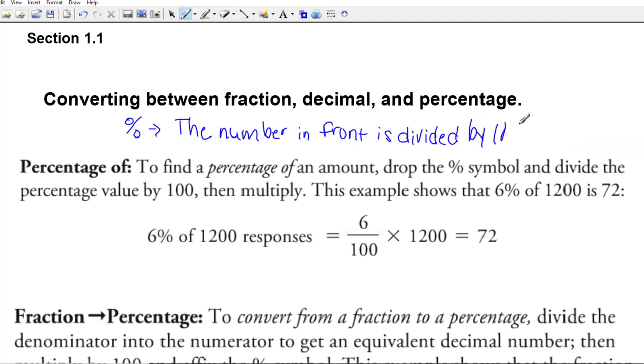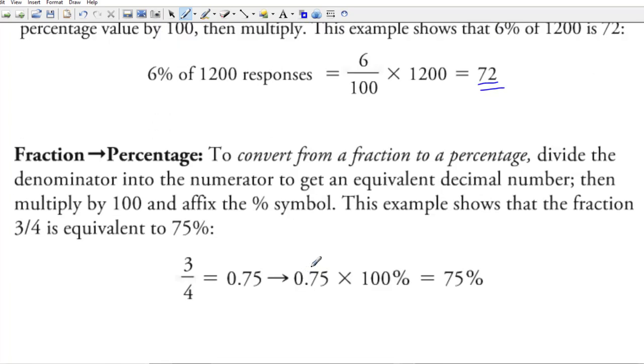Sorry, I went off the little tablet there. So to find a percentage, you're going to take 6% of 1,200. 6 divided by 100 is putting that into a percent. That first number is going to be the percent, times 1,200 people gives you 72 people. That's the 6% of 1,200.